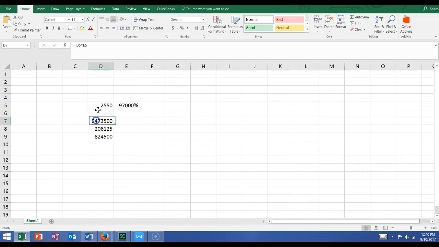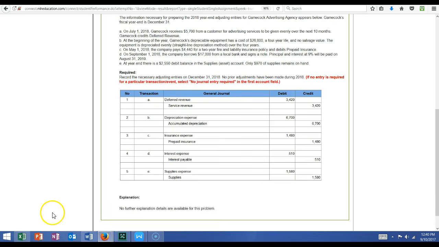So really what we're doing here is, if 2550 is what it shows, but 970 is really what's there, the difference, 2550 minus 970, or 1580, is what we should show as a supplies expense.